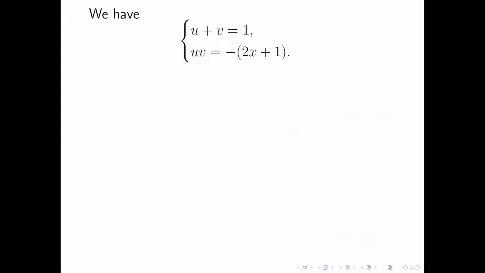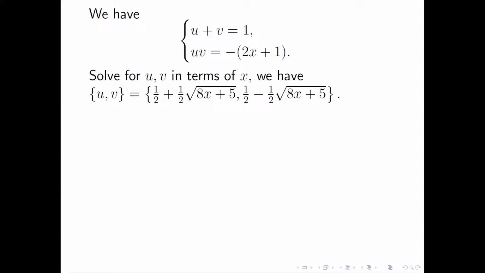Now, we have u plus v equals 1, u times v equals negative (2x plus 1). We can solve for u and v in terms of x.